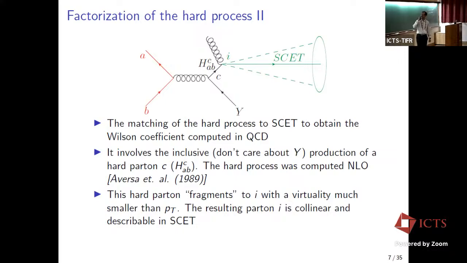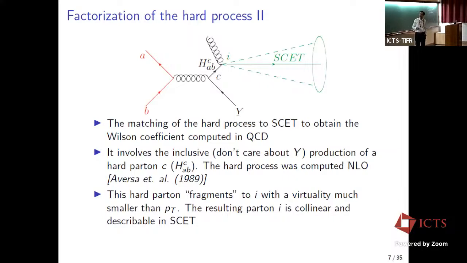So this would be the basic picture to describe this process, and the thing is, this is an inclusive process. You don't care about what happens to the other particles. You just want to measure jets with a particular angularity, and that gives you this observable.